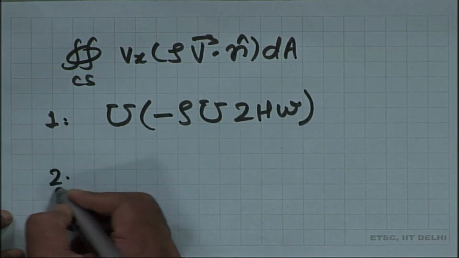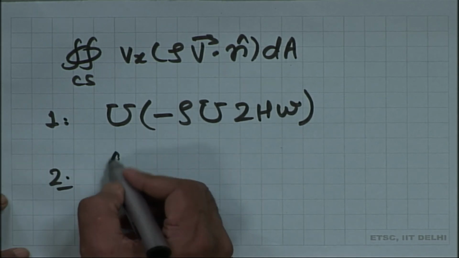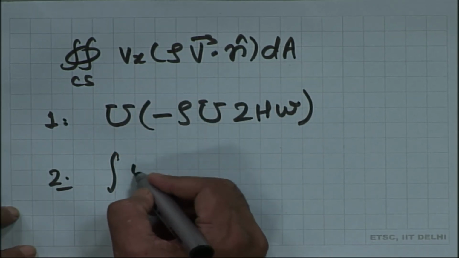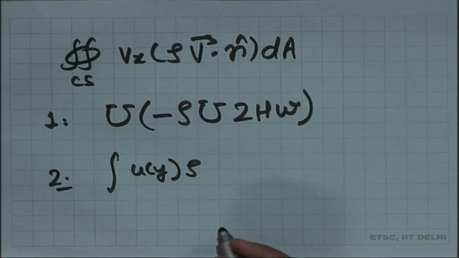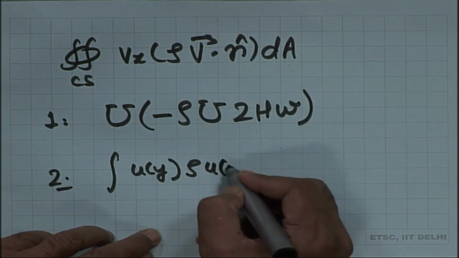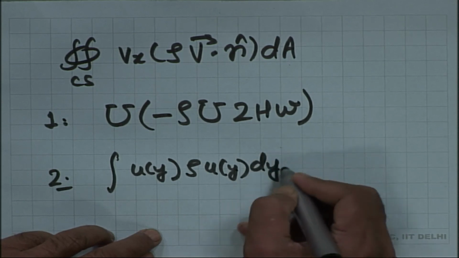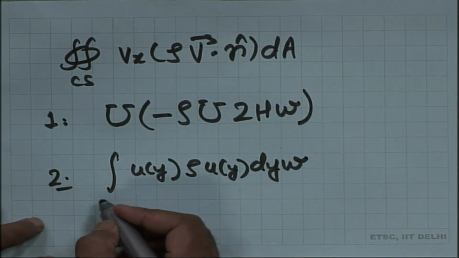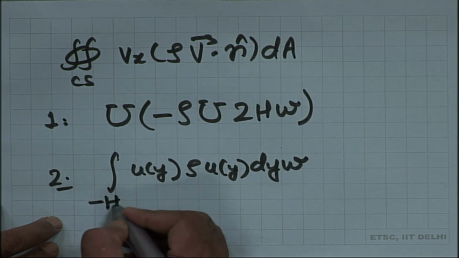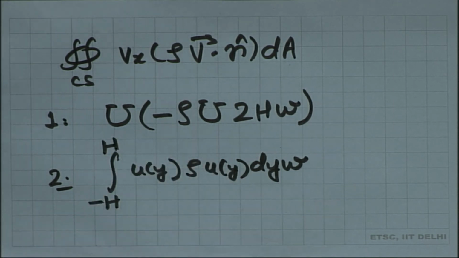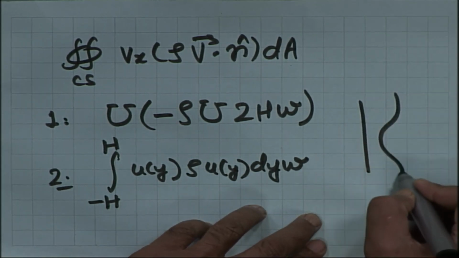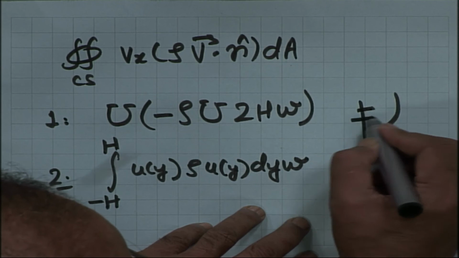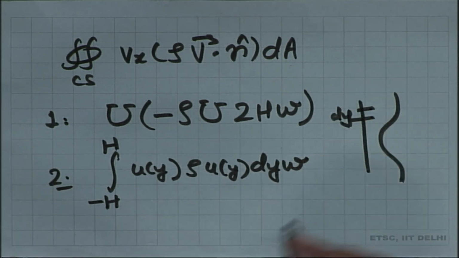On surface 2, what is Vx? Vx is equal to u of y. Rho v dot n dA will become rho times u of y dy times w, and y will go from minus h to h. Is this clear? So, what we have done is, this was our control volume, I choose an elemental area dy.